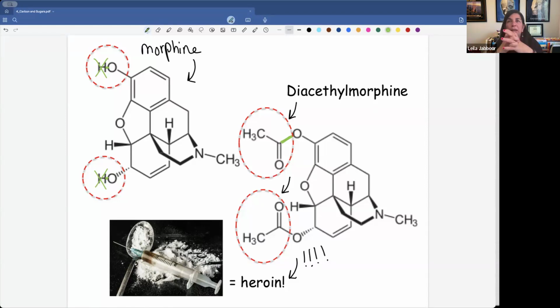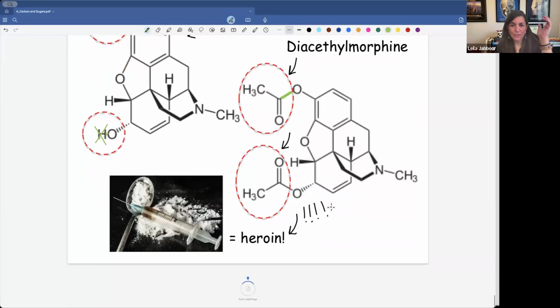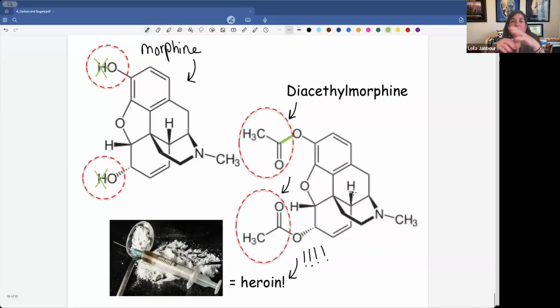Because at the time, early 1900s, it was discovered that morphine was a little bit addictive, and we just needed something different. And heroin was discovered as being more potent than morphine.